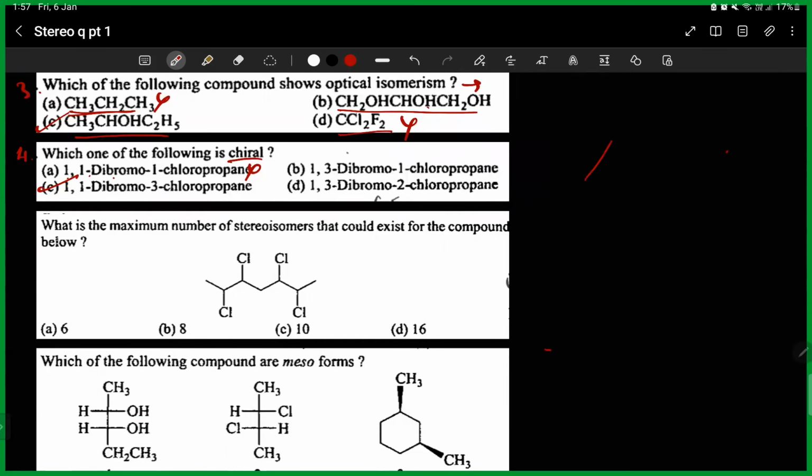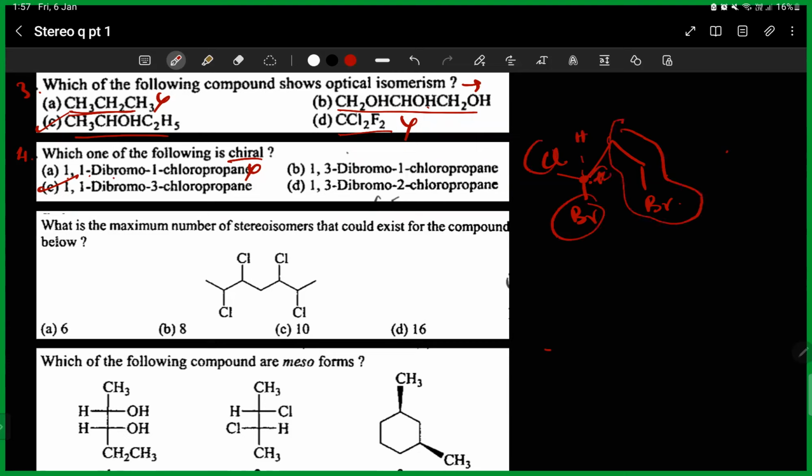So you have 1,3-dibromo, 2-chloropropane. Yeah, that's the one we discussed now, right? So here, and you have chlorine, 1,3-dibromo, 1-chloropropane. So you have one hydrogen here, one this group, one bromine, one chlorine.